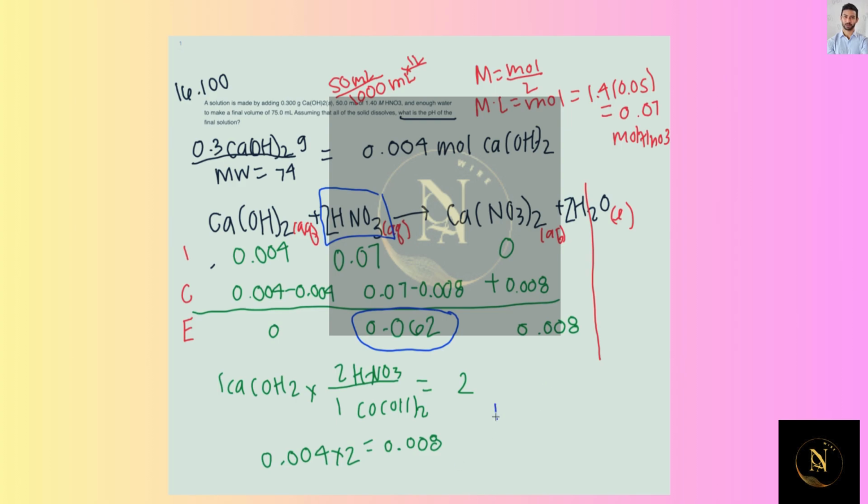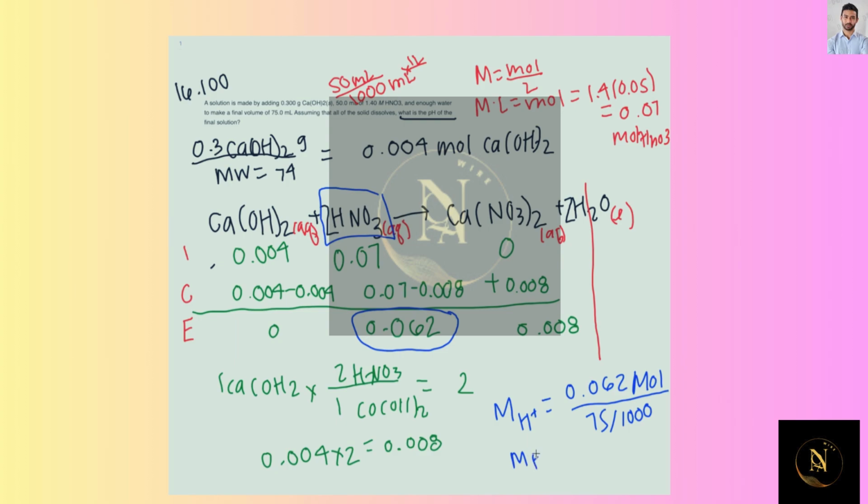So to find our concentration of H+ ion, we're going to do 0.062 moles over the total volume. They told us our final volume was 75 milliliters. We brought it up to 75 milliliters. Once again, we had to convert that to liters, so we just divide by 1,000.